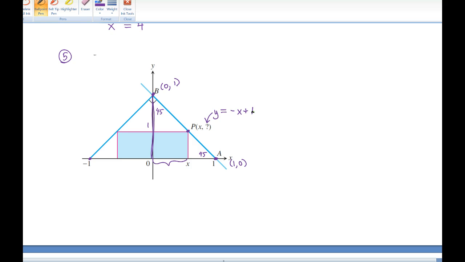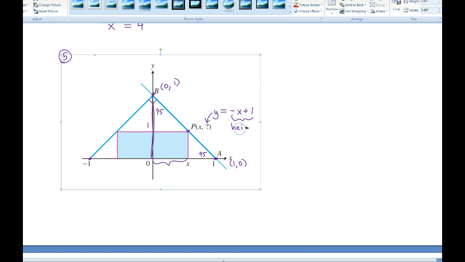So this y is going to be the height of my rectangle, whereas if over from 0 to here was x, then all the way across, 2x is going to be my base. Okay, so let's write this in. So P is going to be (x, negative x plus 1).